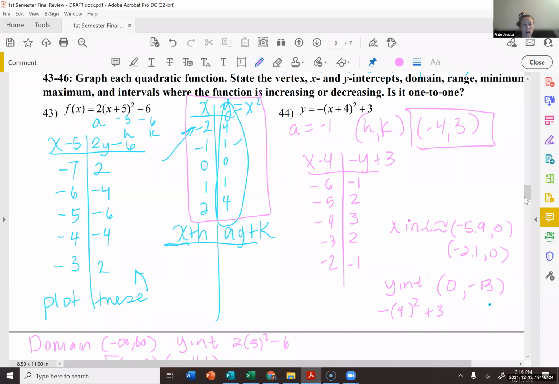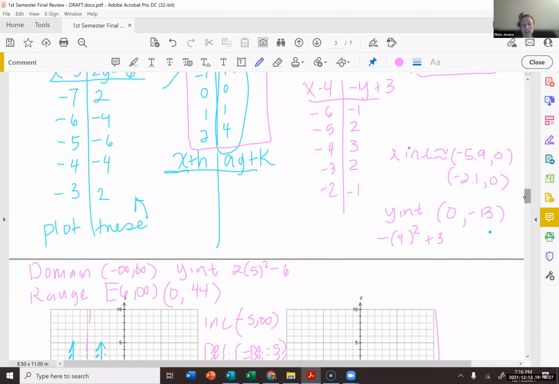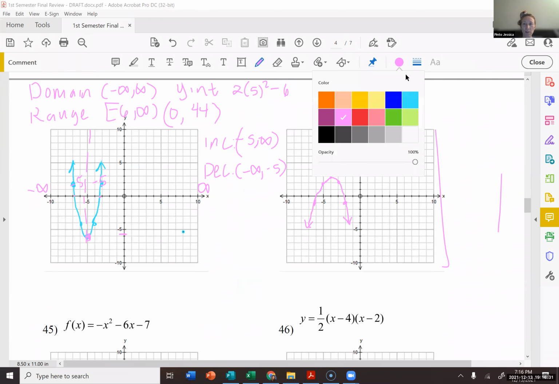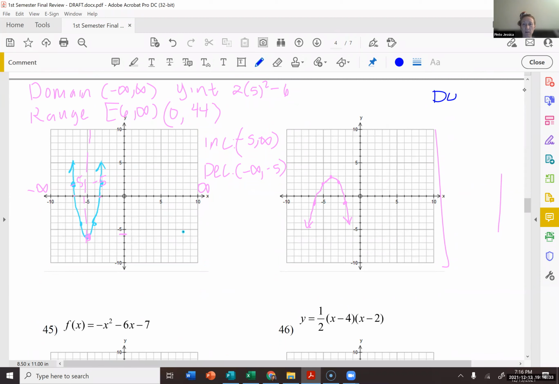So now the domain, range, minimum, maximum, and increasing and decreasing intervals. So here, of course, the domain is again -∞ to infinity. And our range is about the y values, and we see that it's going to -∞. So it's y less than or equal to 3, just in case that notation shows up on your test.